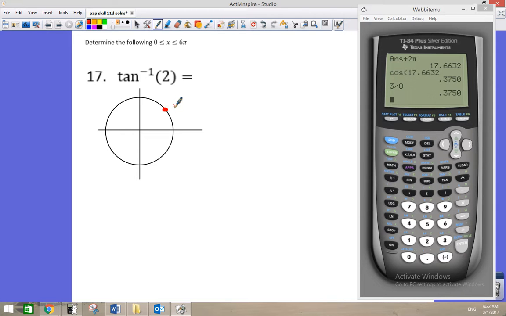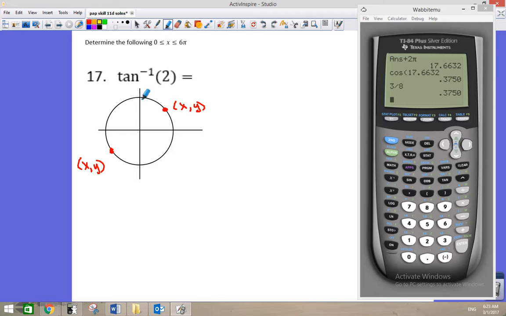So there's a point here in quadrant 1 that if you take y divided by x, you'll get 2. And there's a point here in quadrant 3 that if you take y divided by x, you'll get 2. See, x and y here are both positive values, x and y here are both negative, but when you take that ratio, both of those ratios are positive values.